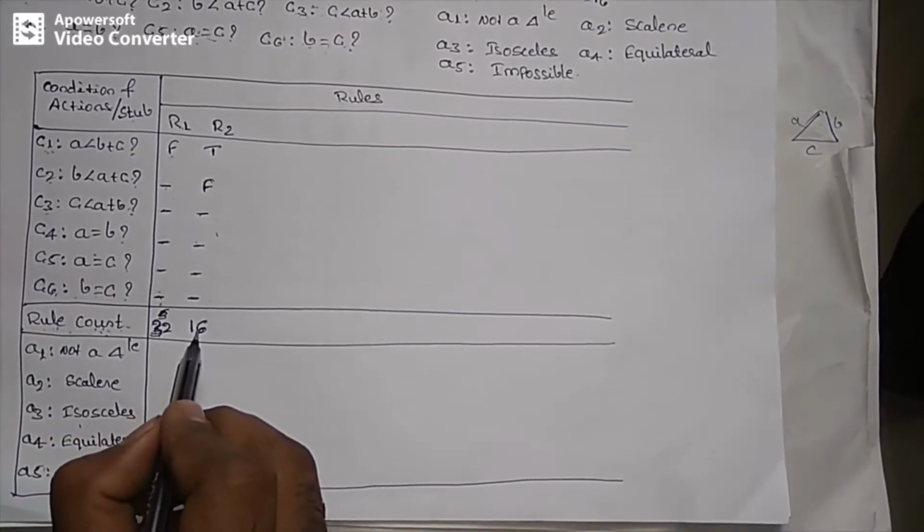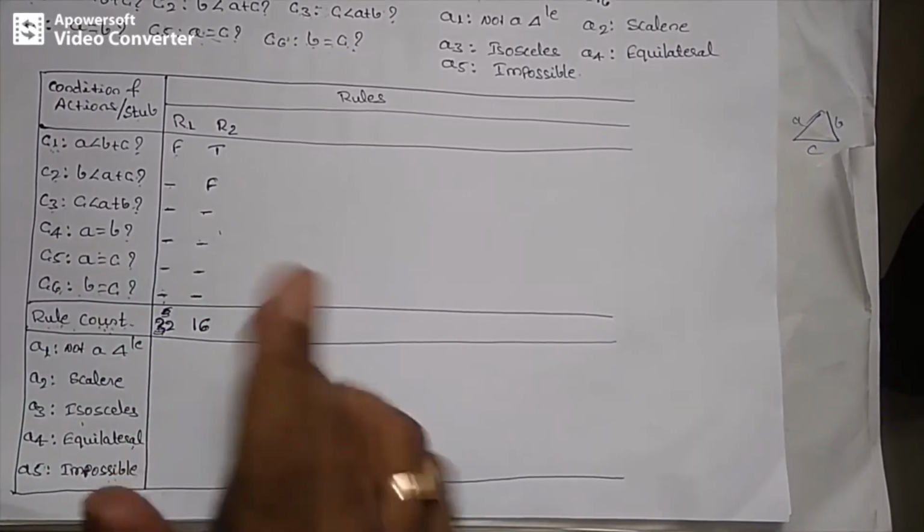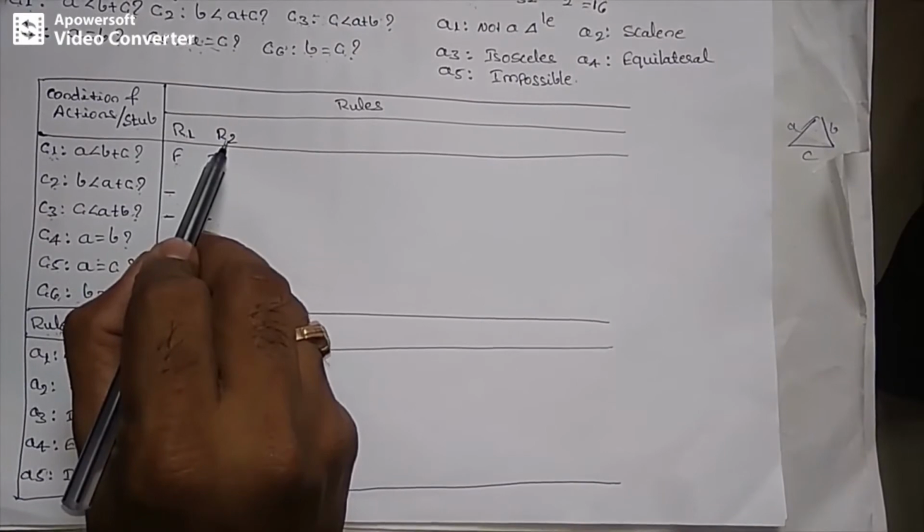Then 32 plus 16 rules are covered by rule 1 and rule 2 alone.